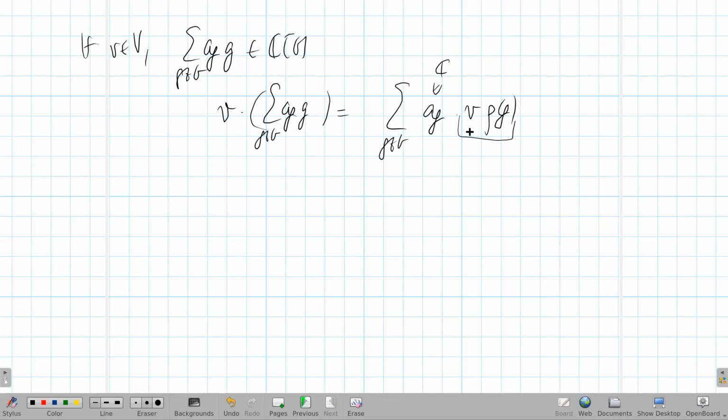Why is this useful? Because, for instance, let's just stick to an isomorphism. An isomorphism of representations becomes, in this language, an isomorphism of CG modules.